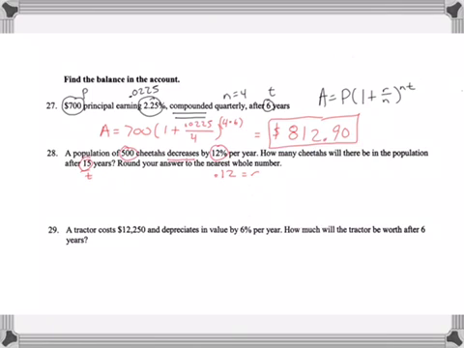So this is exponential decay, so we're going to do y equals the initial amount, 500, times 1 minus the rate, to the 15th power, or t. So we've got 500 times 1 minus 0.12 to the 15th power. When we plug this into our calculator, we get that our answer is 73.49 cheetahs, which means we want to round it down to 73 cheetahs.